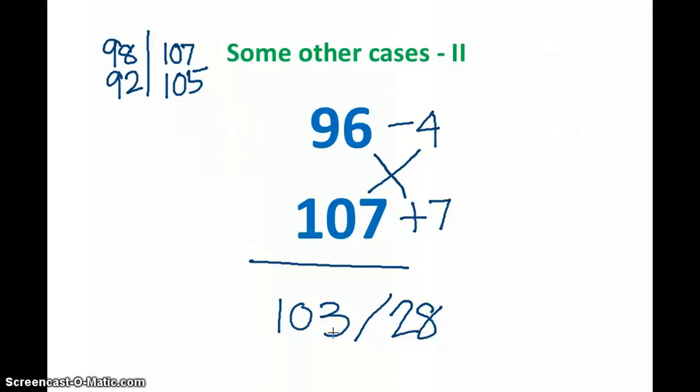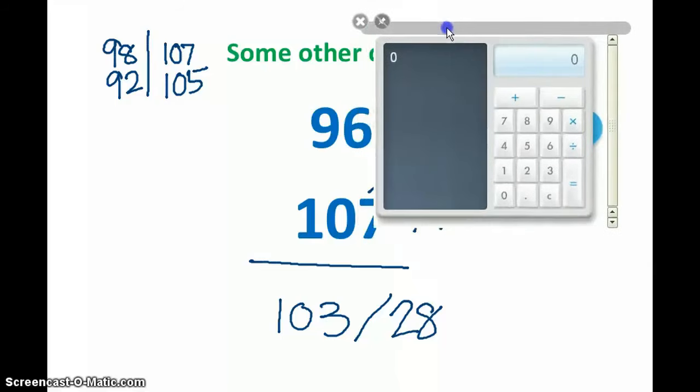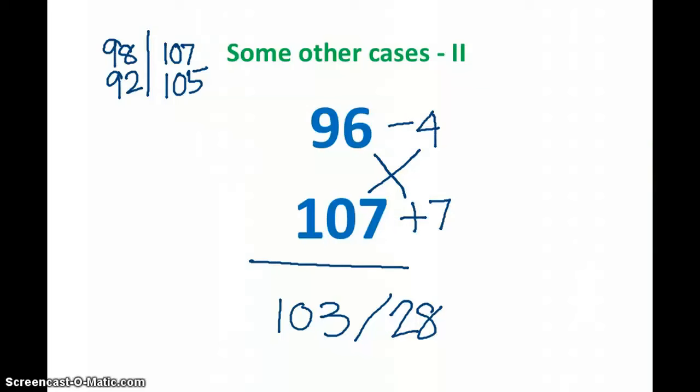Let's check if the answer is that or not. 96 into 107. No, our answer is not correct. The answer is 10272. So there has to be a little modification here. The modification we need is basically a subtraction, or a complement.